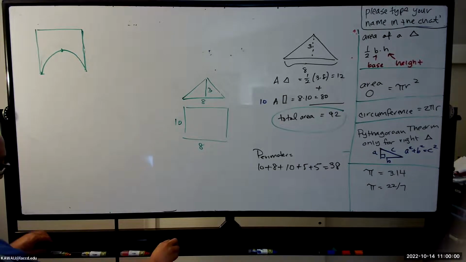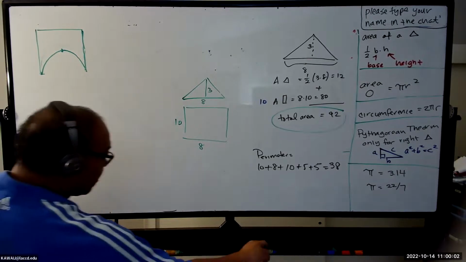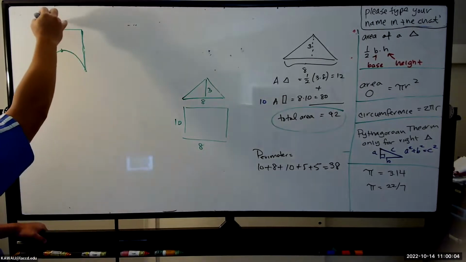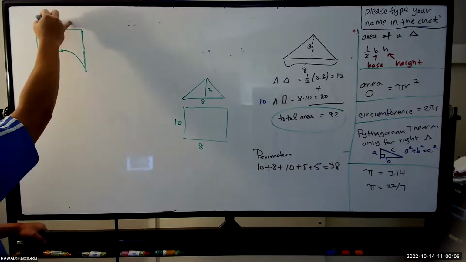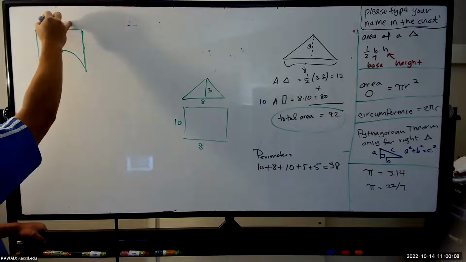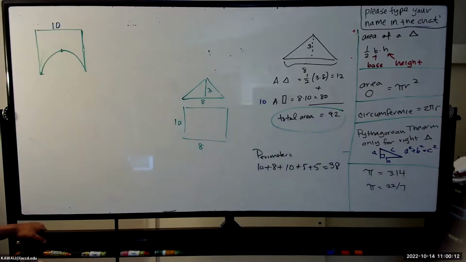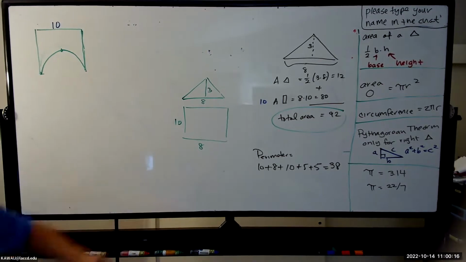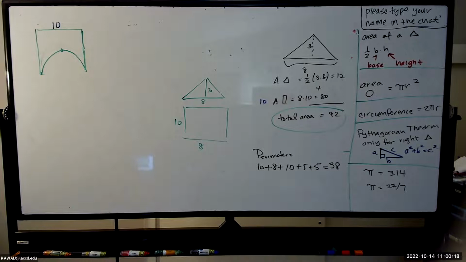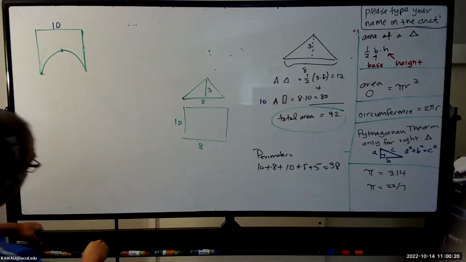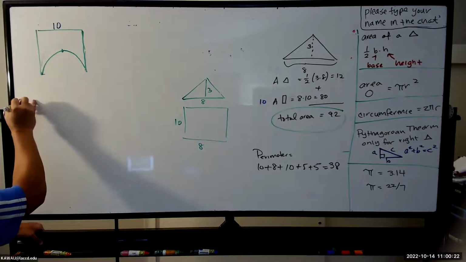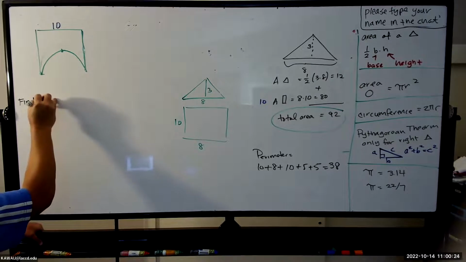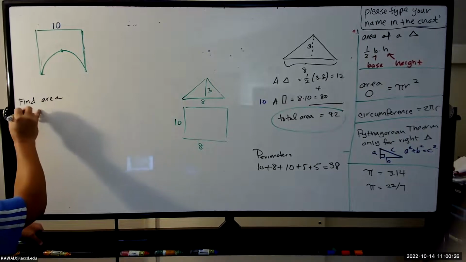Okay, so let's try and do this one. This one here, let's make this one 10. What I want you to do is find the area and the perimeter.